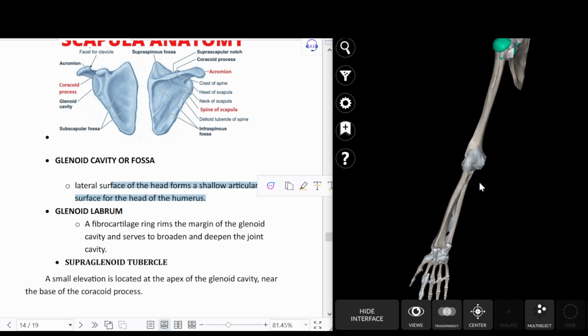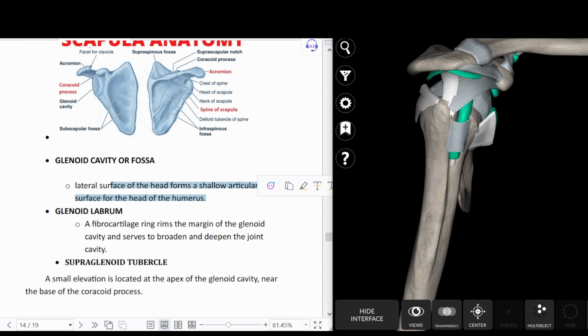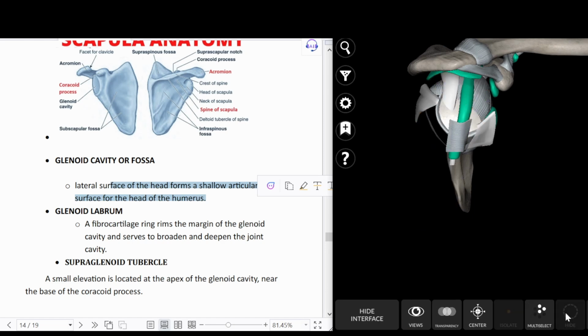Glenoid labrum. So what is glenoid labrum? If we hide these structures, you can see that this is your glenoid labrum.